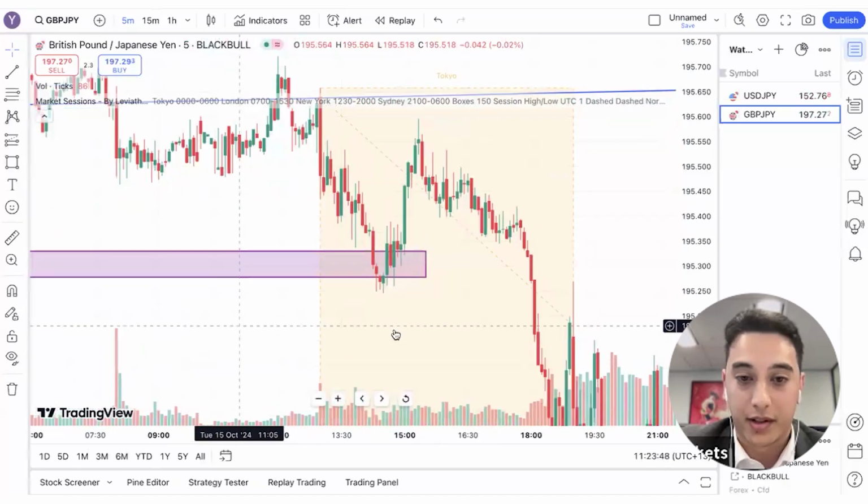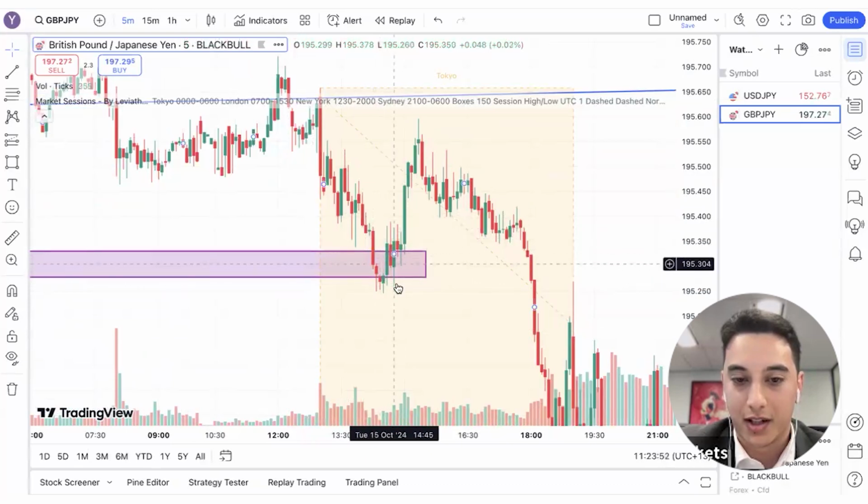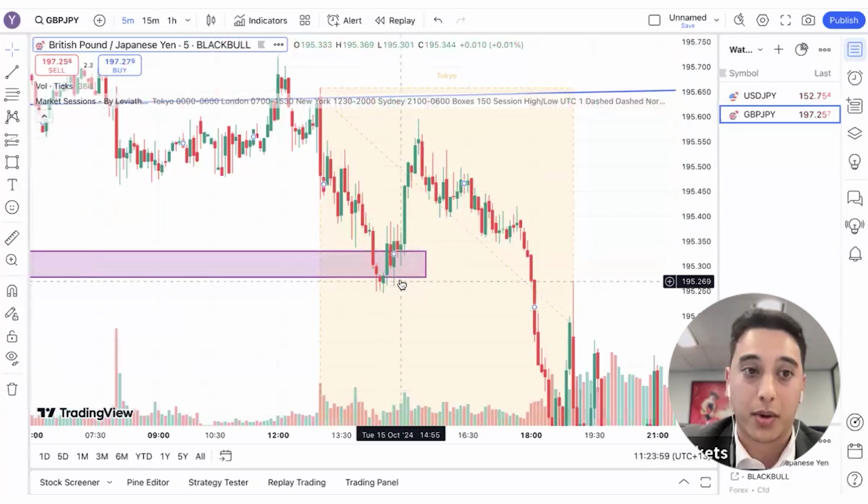Even on the 5-minute, it's not that obvious, but basically you have a touch down here, a retracement, and a touch here, and this wick here is your double bottom, and it was rejected, telling you that there are buyers in that area.